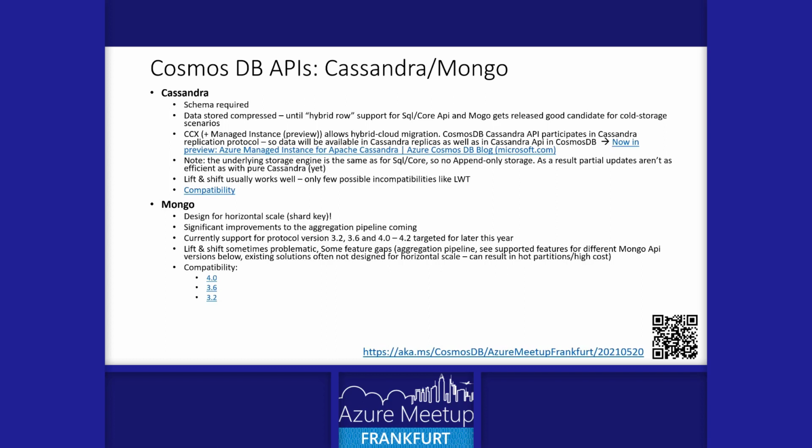So you can store your data on-premise in your Cassandra API, but the replication would also happen into the Cassandra API in the cloud. So the data is also available in the cloud. And depending on where you process your data, you might be able to either use it in the cloud or on-premise.